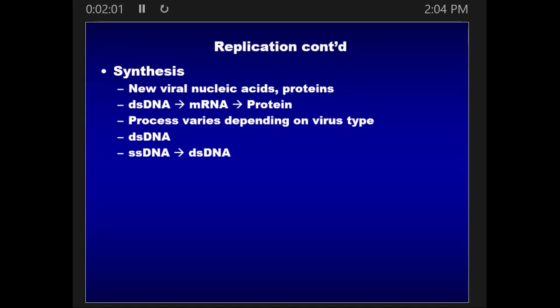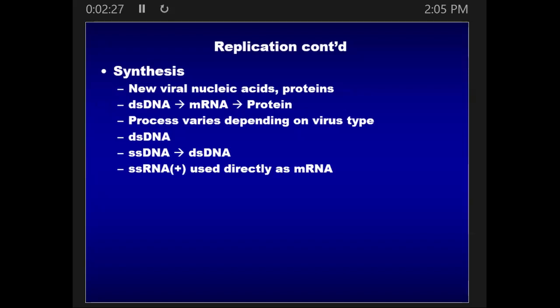The single-stranded DNA viruses, what they do first is they get their single-stranded DNA into a double-stranded state. And so they have to make the complementary copy so that they can get into the double-stranded state. Then they're good to go. Then they can go ahead and use one strand of that to make their messenger RNA and then the protein.